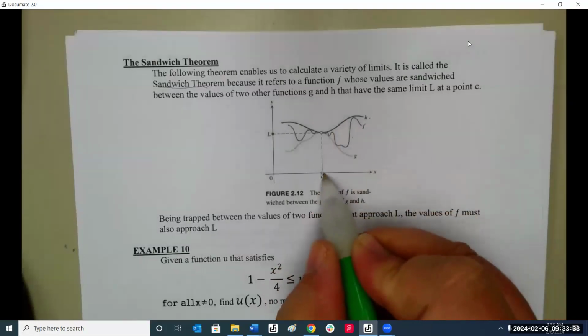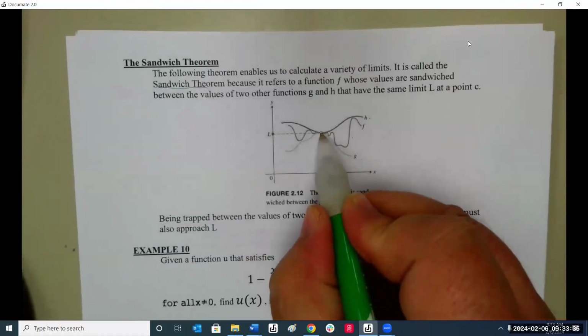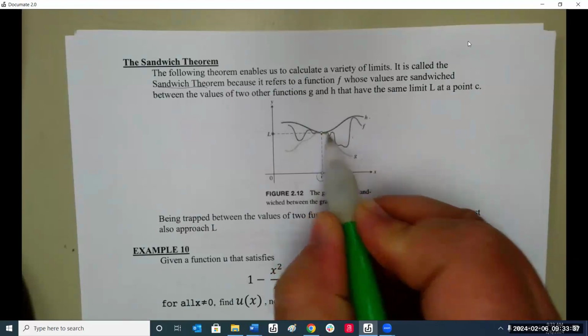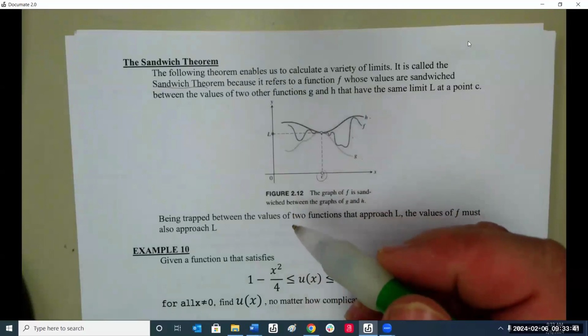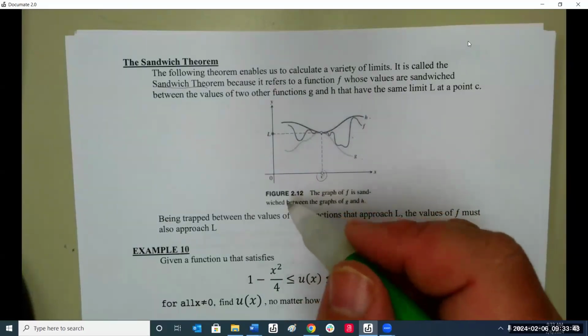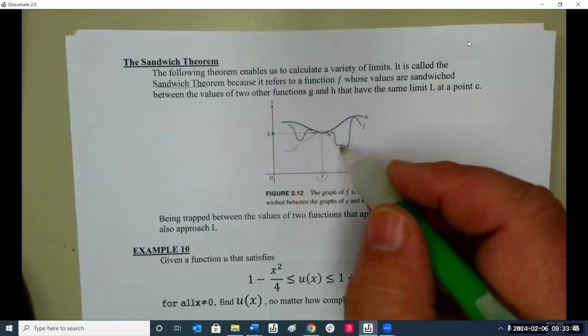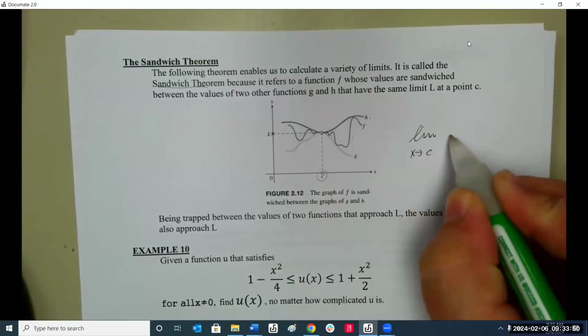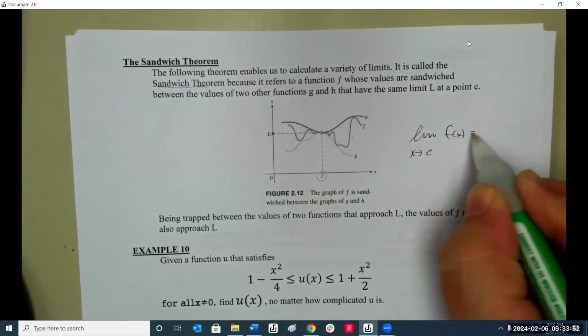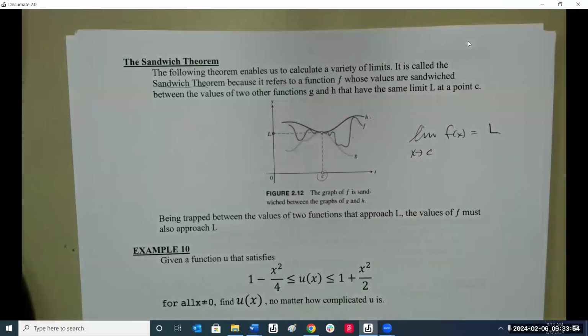We know at this value c, they both have the same value. And so does f. Since g and h both have the same value at that point, that means because of the sandwich theorem, the limit of f of x has to be L. And that's what this is saying.